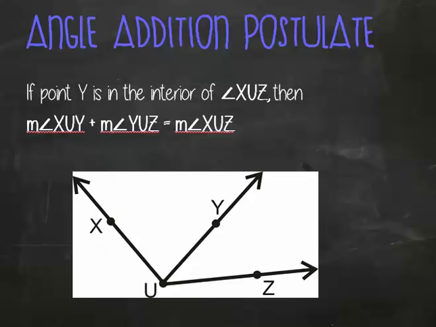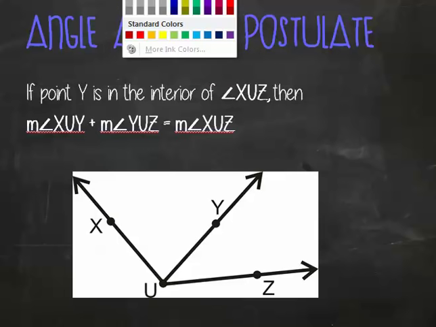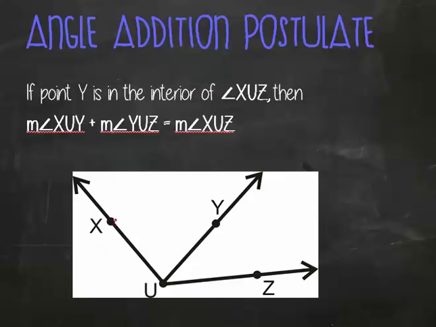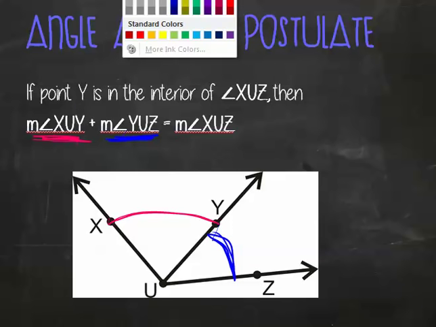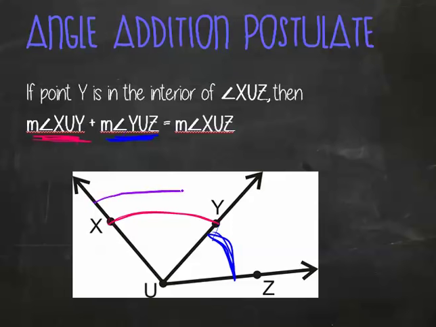Okay, so if I were to highlight this to show you, I would say it would be this angle measure, I'll underline it, change my color, plus this angle measure, I'll underline it. When you add those two together, you get this angle measure. Okay, so that's to kind of help you color code. That's the angle addition postulate.